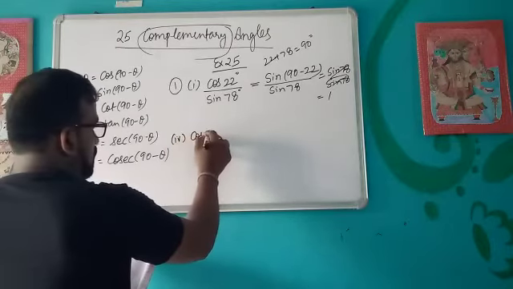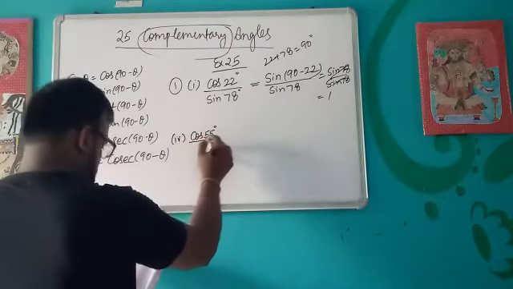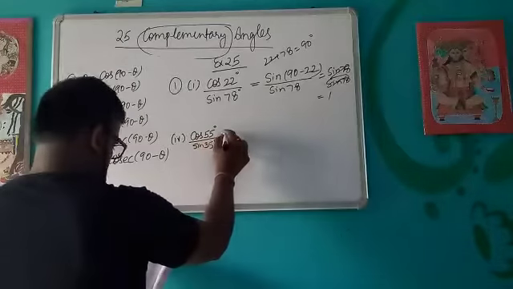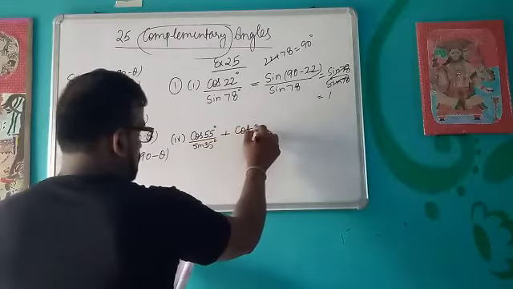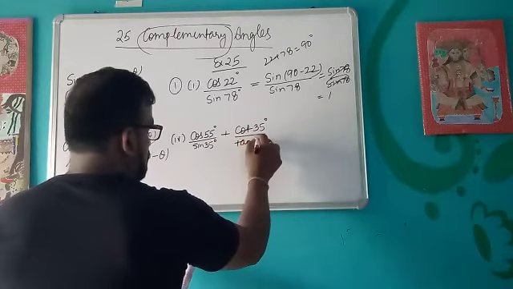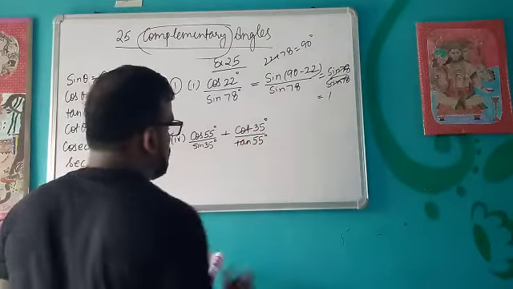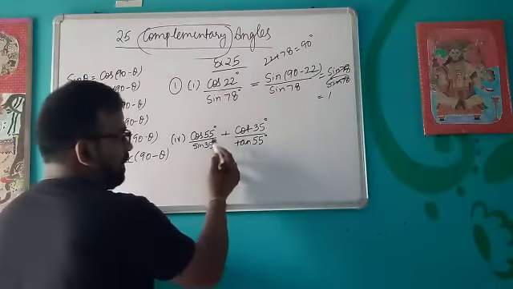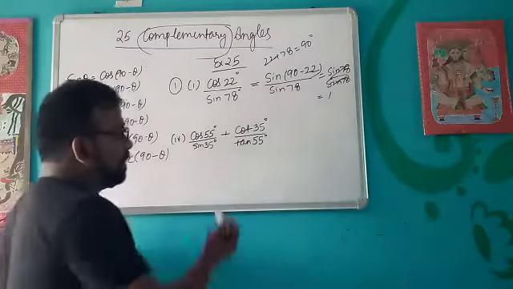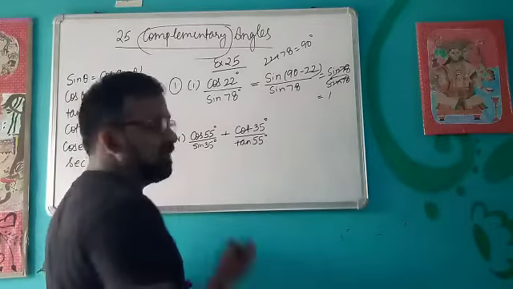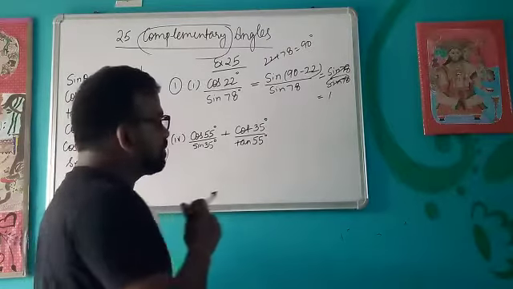Let's see one more question. Okay, now in this, see 55 plus 35, they form a complementary angle pair, and again 35 plus 55, they form a complementary pair.